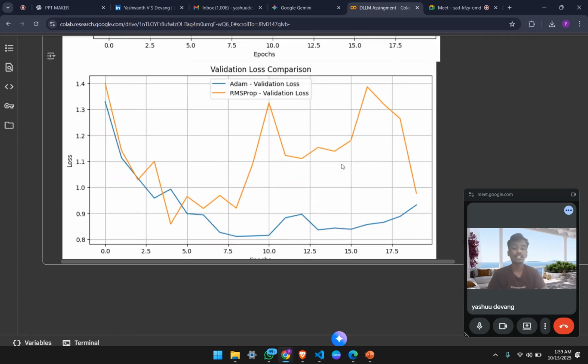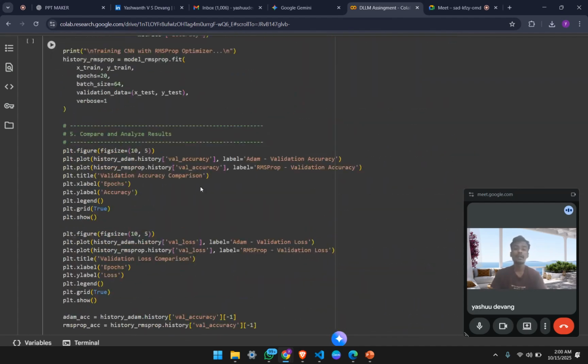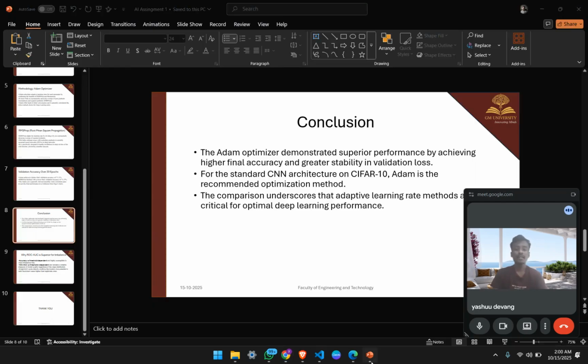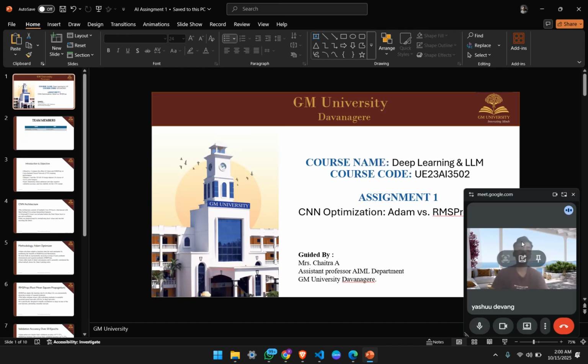As I mentioned, the Adam graph curve is higher than RMSprop, and RMSprop is at 71.227%. This is the accuracy for my dataset, and this is what we have compared with the two optimizers in CNN optimization, RMSprop and Adam.